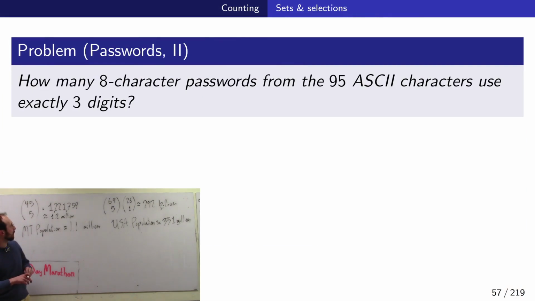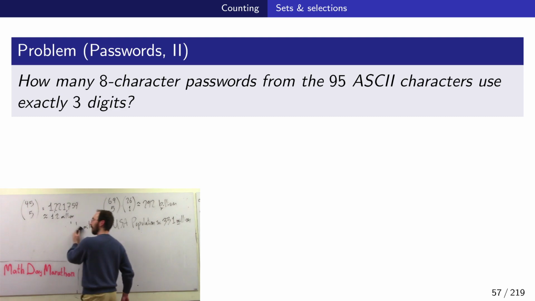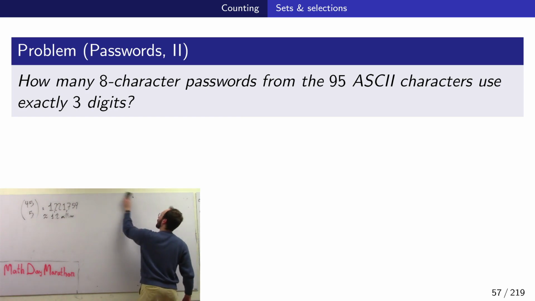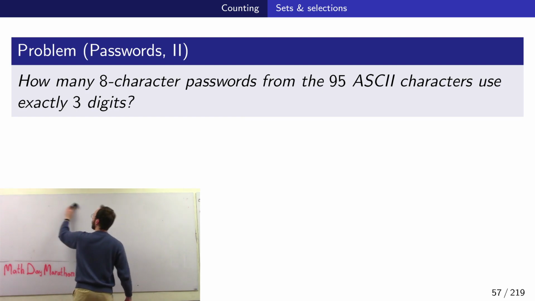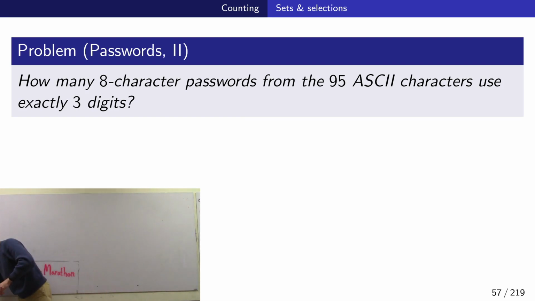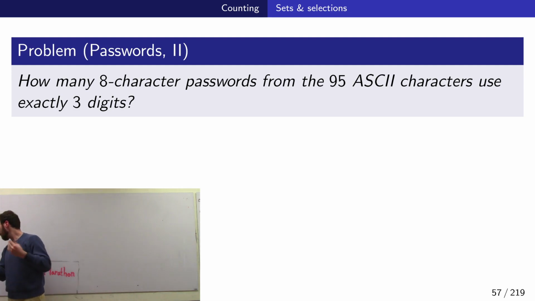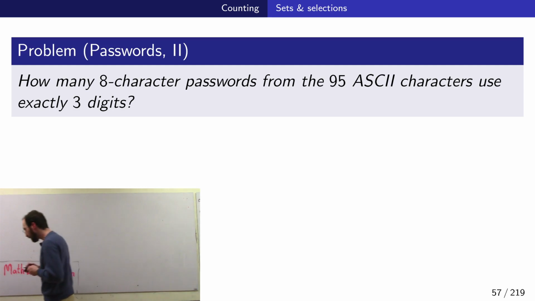Now back to ASCII code. This is wonderful. Okay, so I might need some help here. Okay, maybe not. He's leaving. Okay, I'm trying to recall all of my ASCII, but let's see. So what are we asking here? How many 8-character passwords from the 95 ASCII characters use exactly 3 digits?